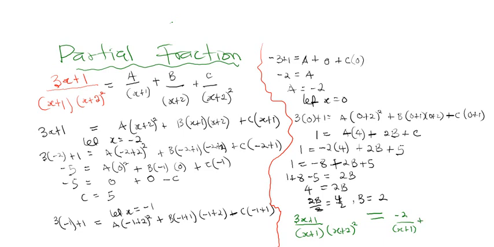Our b is 2, so 2 over x plus 2. And then finally, what is our c? Our c is 5, so 5 over x plus 2 all squared.